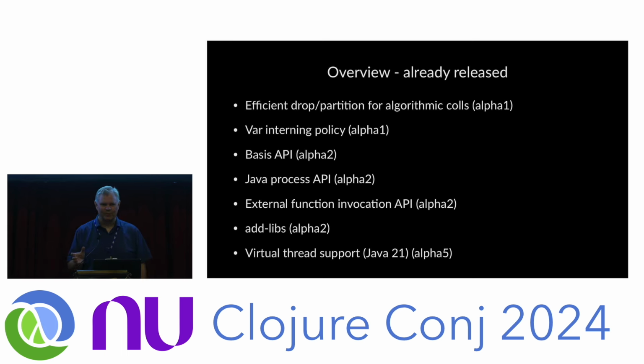But we were worried that if we changed those, we would be changing some behavior, so we didn't. We just added new functions. So that's in there. Some existing code will just be faster as a result of this. You can also use the new split-v, partition-v, and partition-all-v. There's some new functions there that can give you a little bit different behavior too. Are there any questions about that?